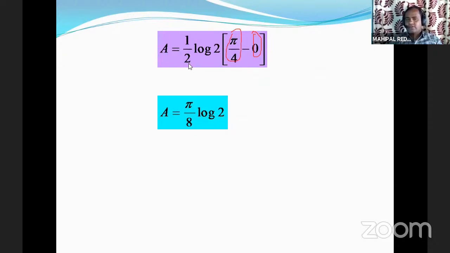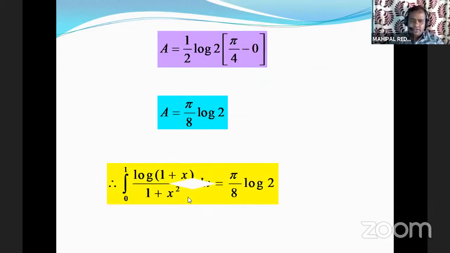So pi by 4, with denominator 2 into 4 is 8, into pi into log 2. So A equals pi by 8 log 2. Therefore, integration 0 to 1 log of 1 plus x by 1 plus x square dx equals pi by 8 log 2.